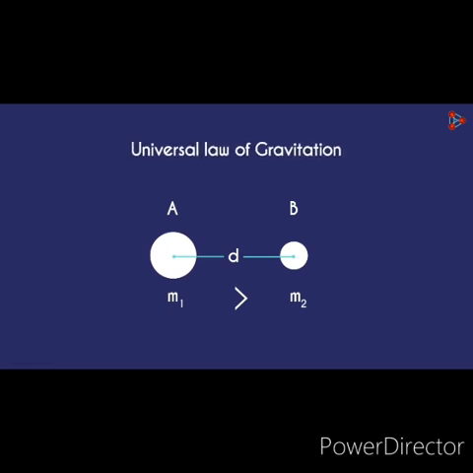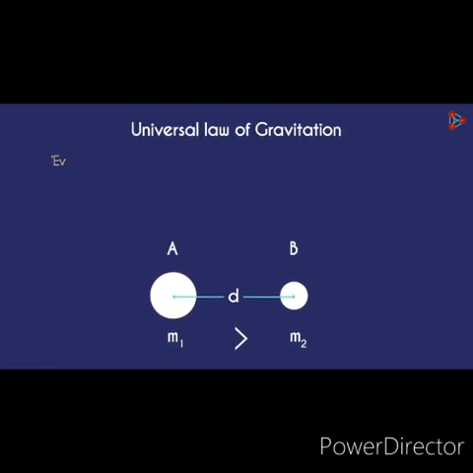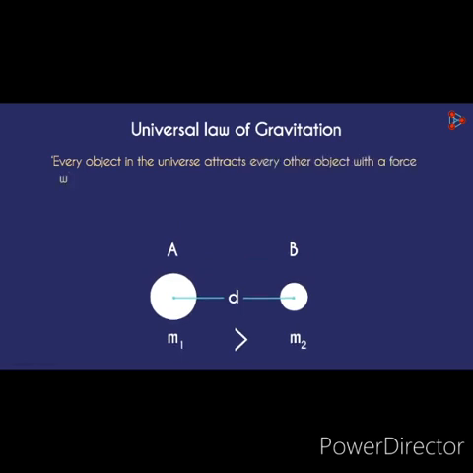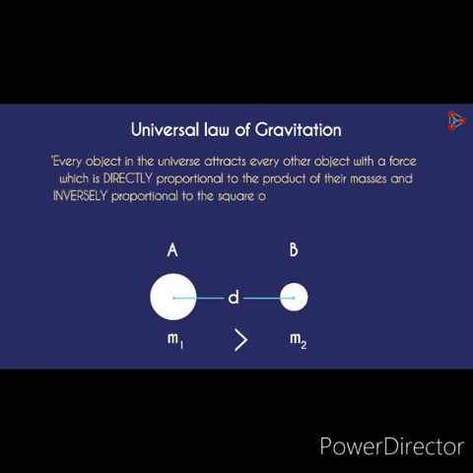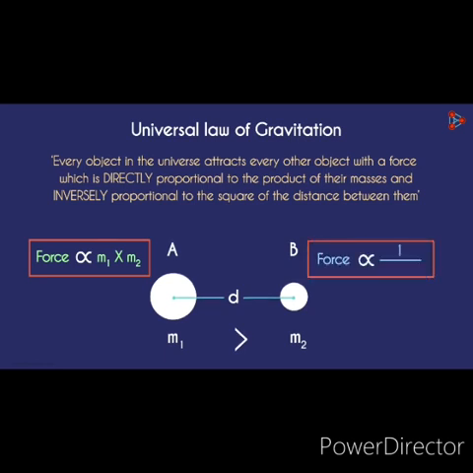The universal law of gravitation says that every object in the universe attracts every other object with a force which is directly proportional to the product of their masses and inversely proportional to the square of the distance between them.